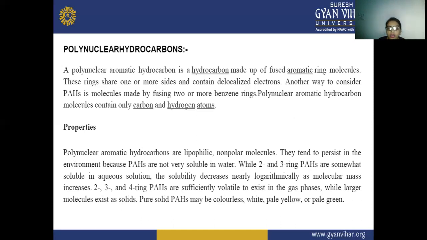Heterocyclic compounds have heteroatoms present in the ring, but in the case of polynuclear hydrocarbons, there is no presence of any heteroatoms in the ring. That is why they are made up of only carbon and hydrogen atoms. So these are the polynuclear hydrocarbons.